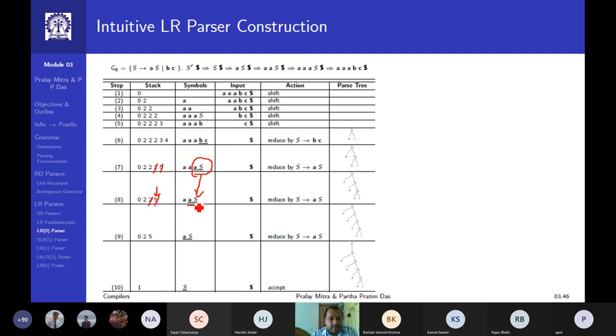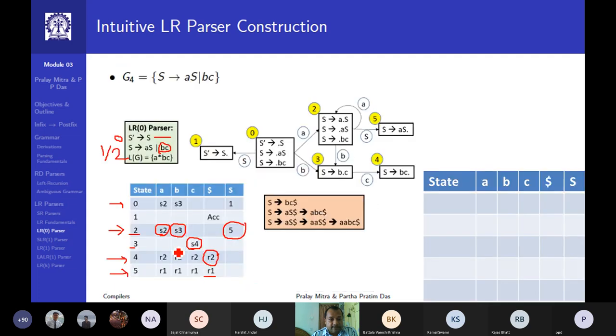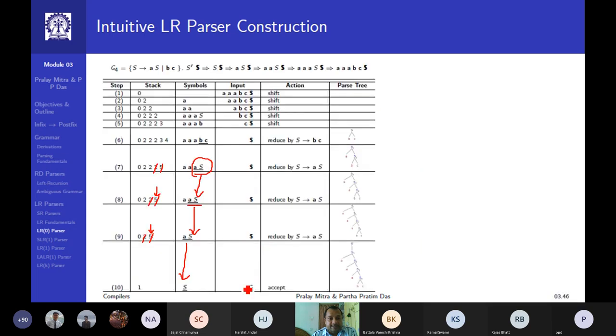Since 2 is on the stack top, after AS is reduced to S, then go to 5, again I will push 5. And 5 and S are further reduced, and this 2 will be popped. Since this is reduced to S, my state is 1 and I see dollar. So 1 and I see dollar, so it is the accepted situation.